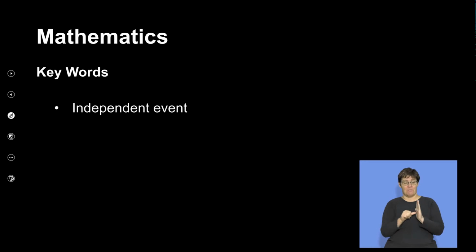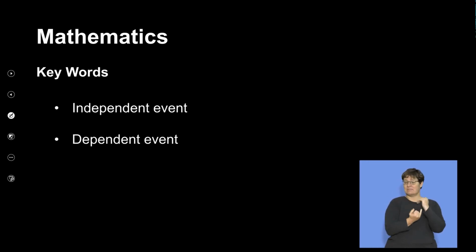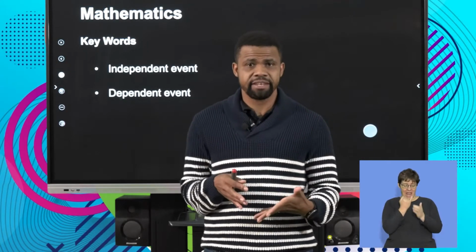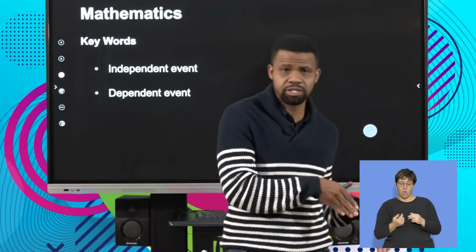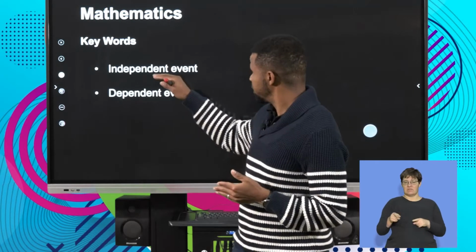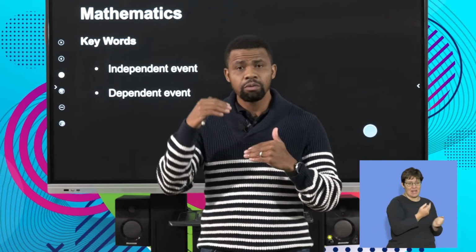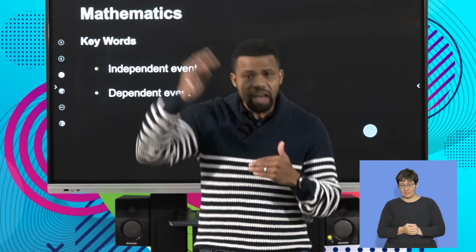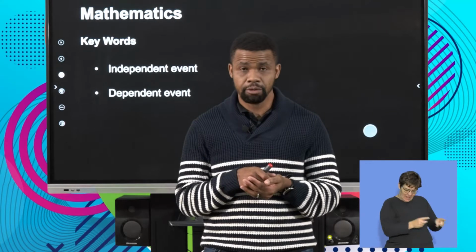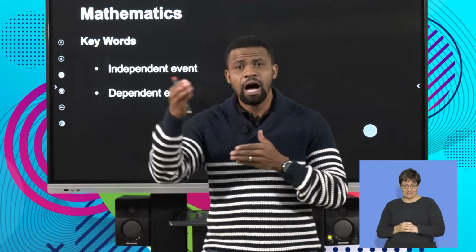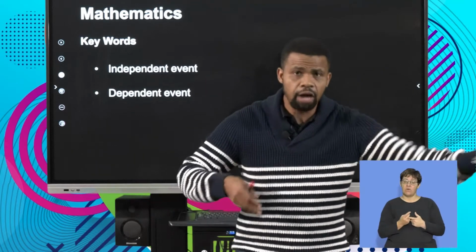Some of the keywords also are independent and dependent events. Independent, think of being independent as a person; dependent depends on something. Okay, so independent, let's look at dependent. Dependent will depend on the other outcome. Are we all together? So in probability, some outcomes are affected by other outcomes.